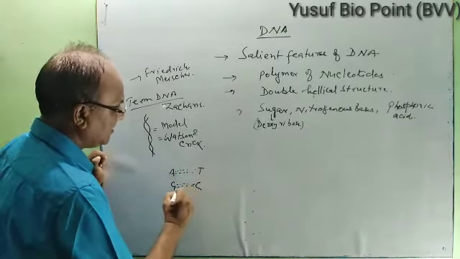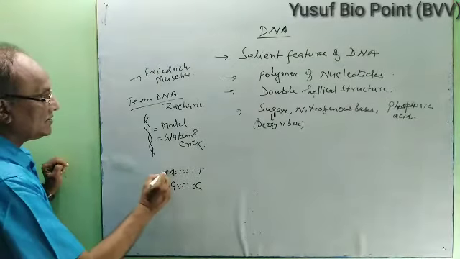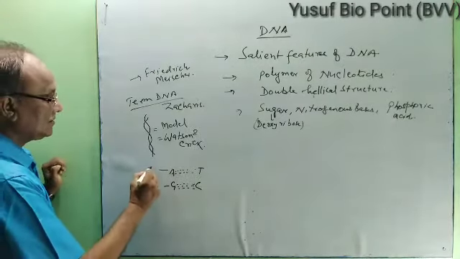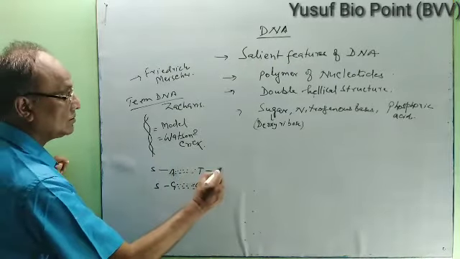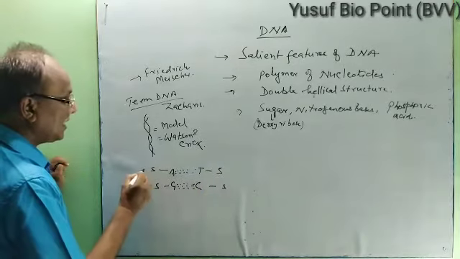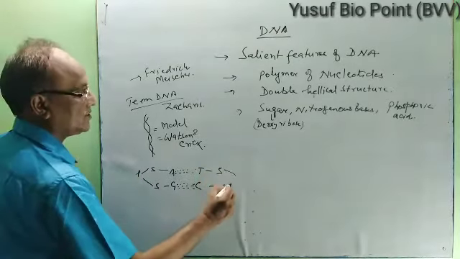They are attached with each other by hydrogen bond, and these nitrogenous bases are attached with deoxyribose, okay, and these are attached by phosphoric acid or phosphate.